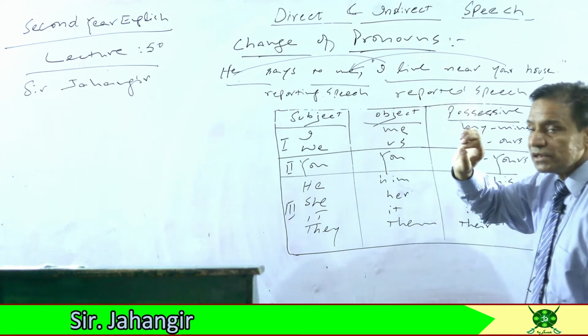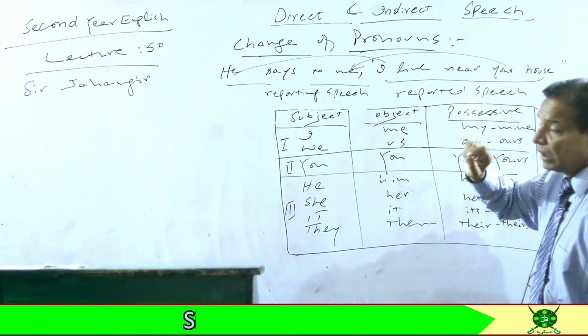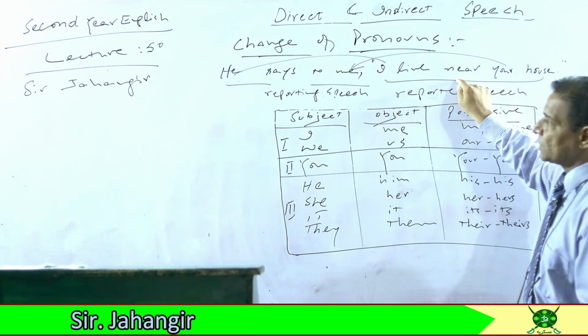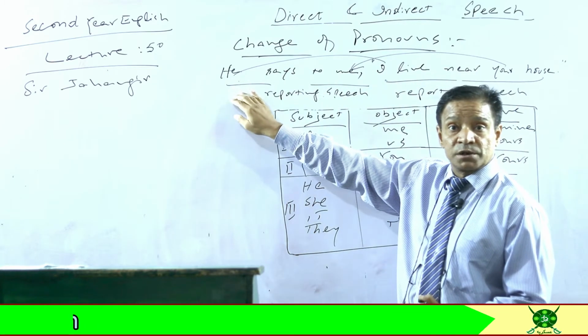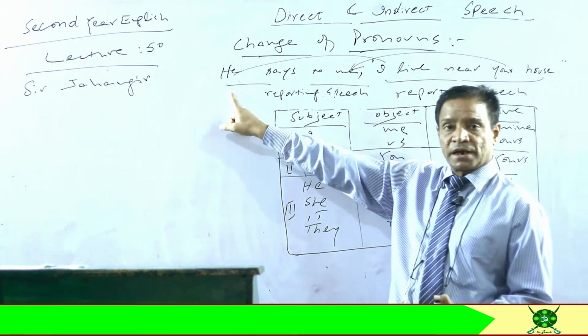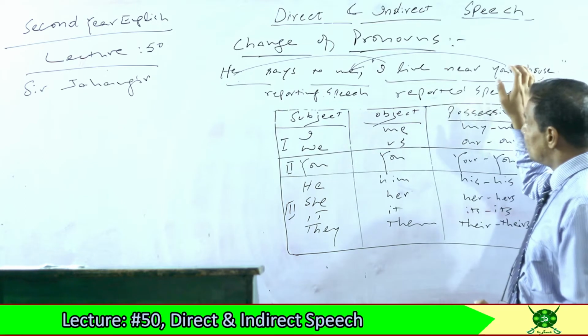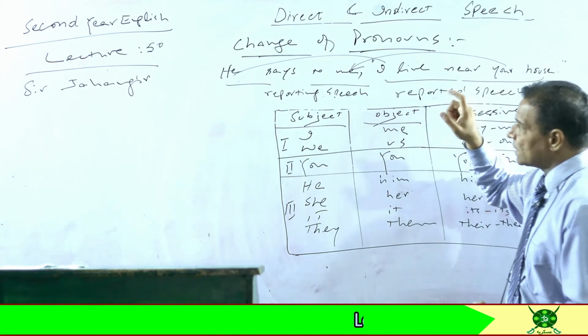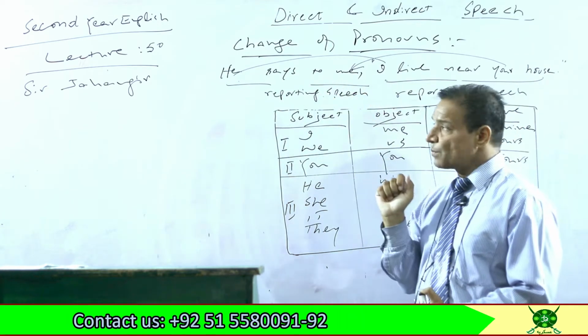It will be changed according to the object of the reporting speech. So what is the first change? The change is of pronoun. First person pronoun of reported speech is changed according to the subject. Second person pronoun of reported speech is changed according to the object of reporting speech.